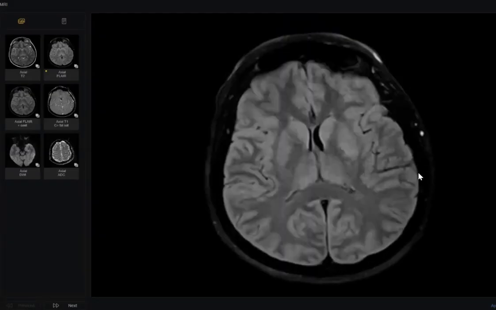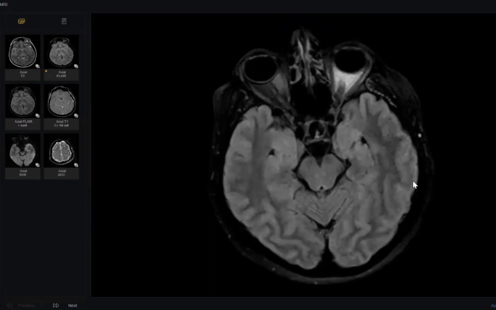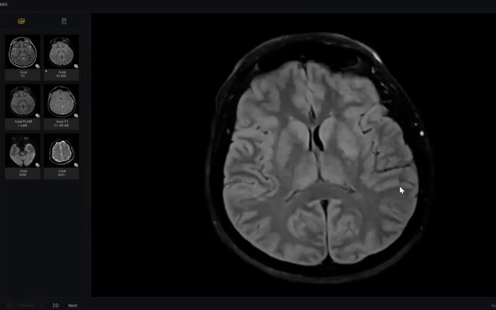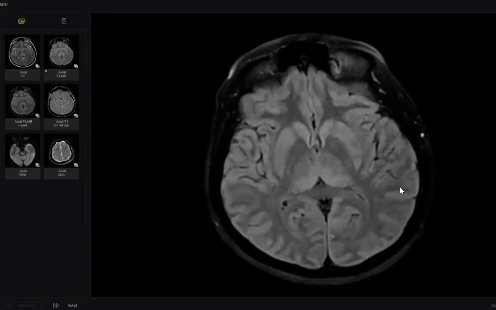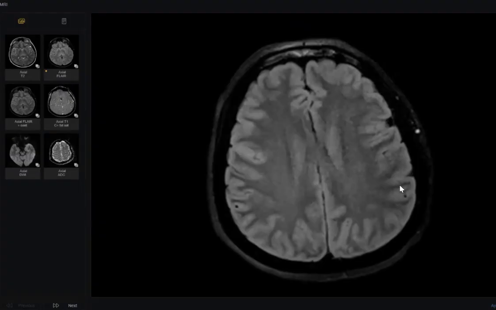What else? Just a moment, checking. I think there's also high signal noted in bilateral thalamus and caudate.